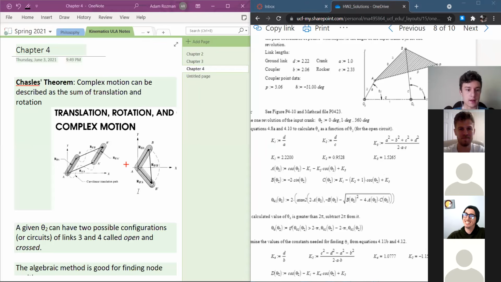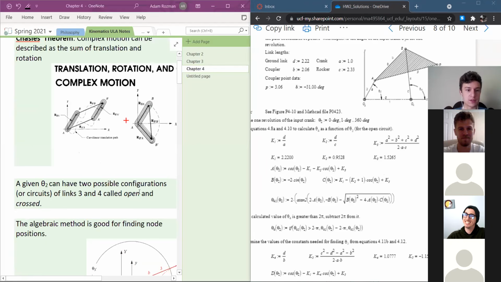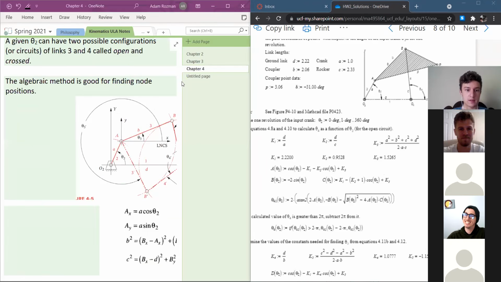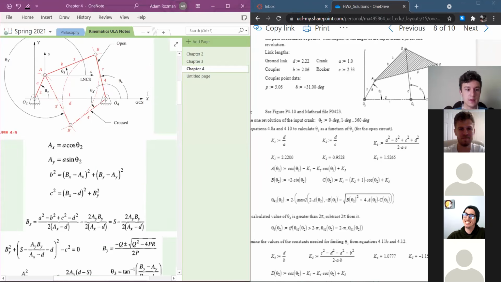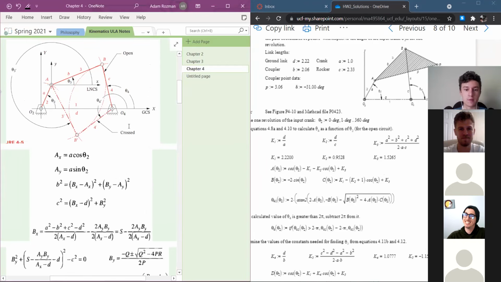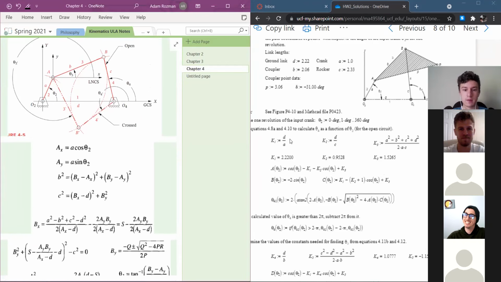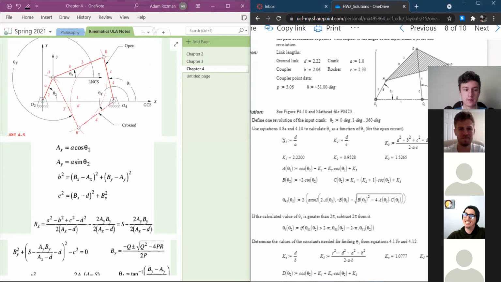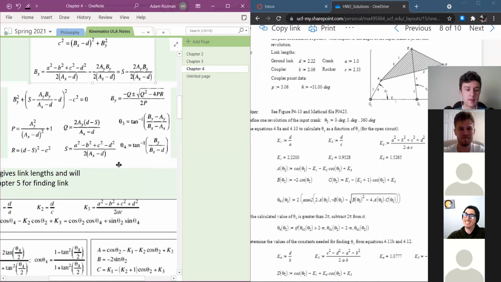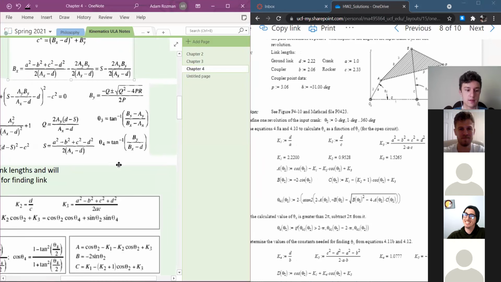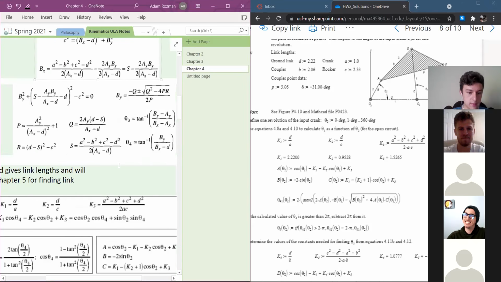So scrolling through our chapter 4 equations, you can see we just have a basic 4-bar here. They are using the vector method here. Zoom out a little bit.